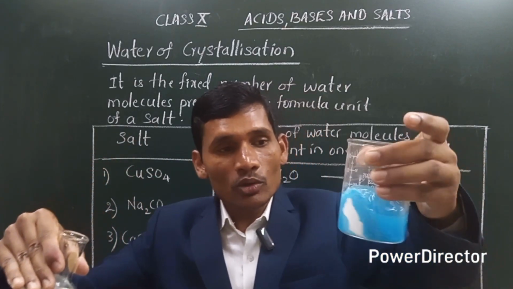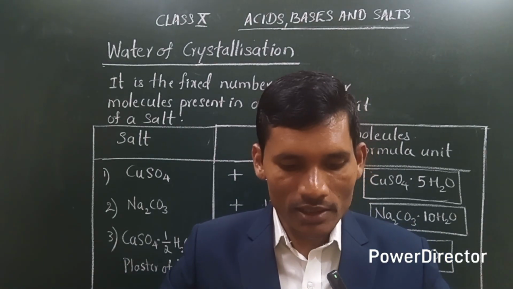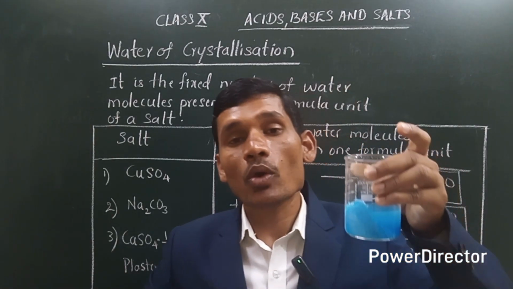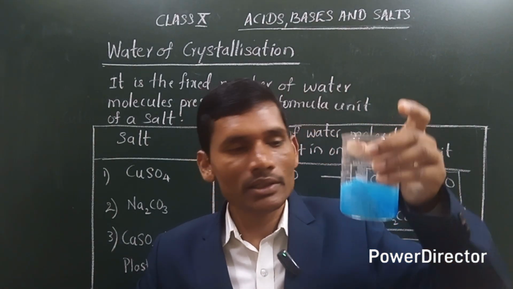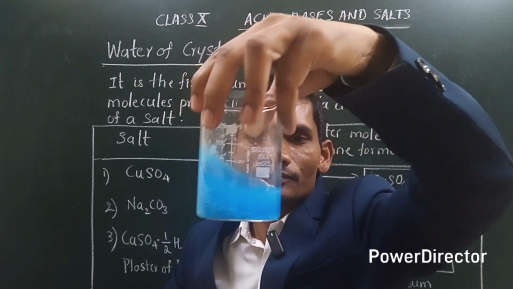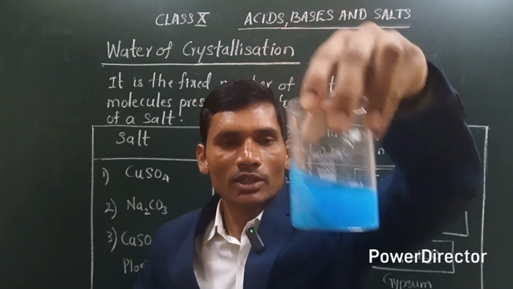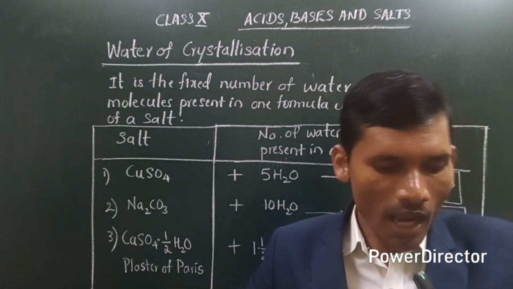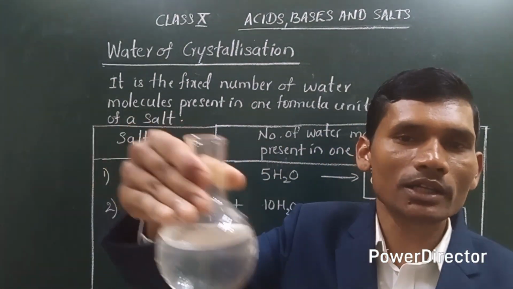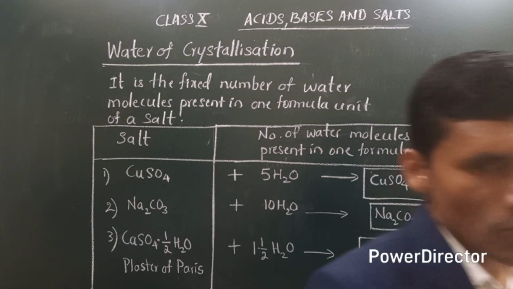Now blue color crystals we are going to get from this again. If you heat these blue color crystals, again we get back white color, that will be anhydrous. This is hydrated, right? Color you can see here. So when we add water to anhydrous copper sulfate, it changes from white color to blue color, remember that. Okay, this is one.